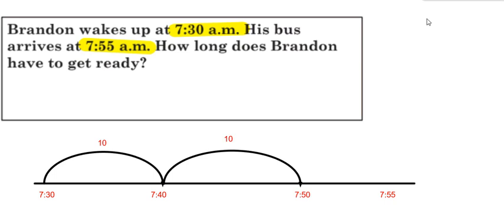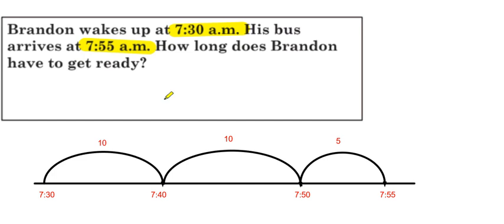Now, how many more minutes are from 7:50 to 7:55? Good job. 5 minutes. So I'm just going to hop right here, 5 minutes. Because when you skip count by 5, 50, 55 is the next number. So that is 5 minutes. With that being said, we went from 7:30 to 7:55. Now, how many minutes are in between?